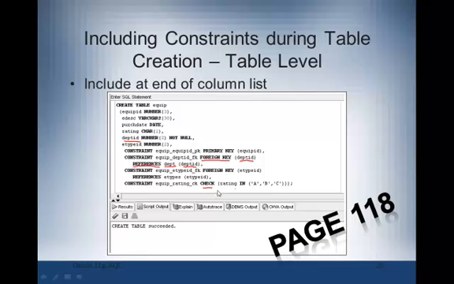This particular check constraint says that in the rating column, or the rating field, you can only use the values A, B, or C. So the rating of this piece of equipment has to be either A, B, or C. That's another example of a check constraint.